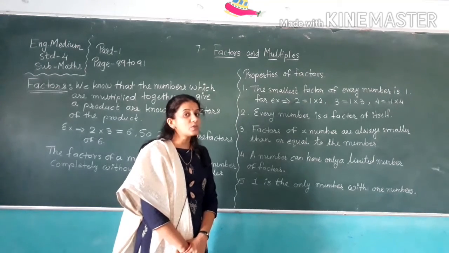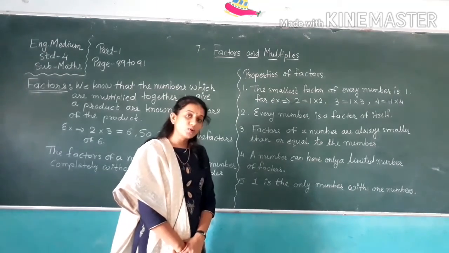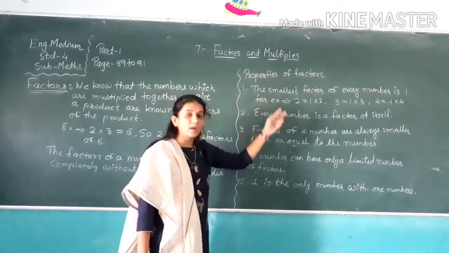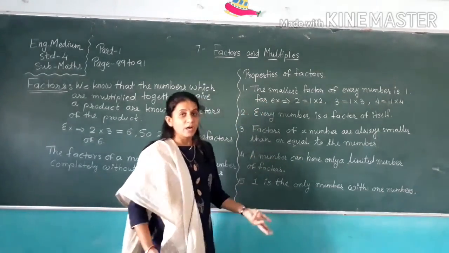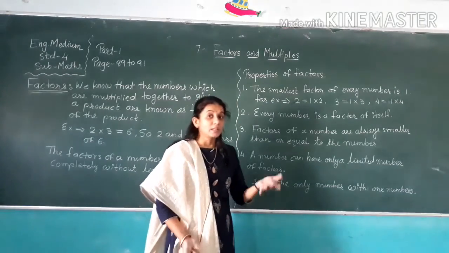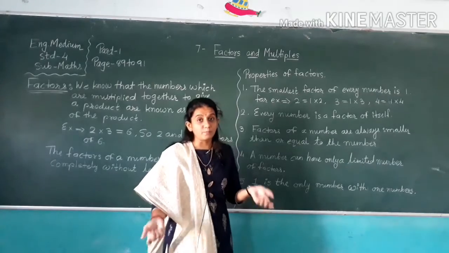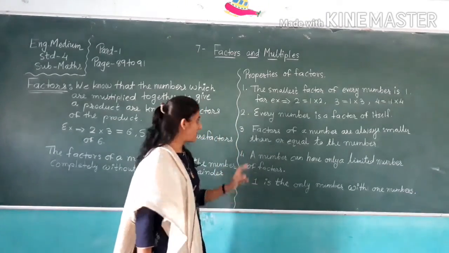So 1 is the smallest factor of every number. Same as 3: 1 multiplied by 3, 100 multiplied by 1 is 100, 1000 multiplied by 1 is 1000. So 1 is the smallest factor of every number.